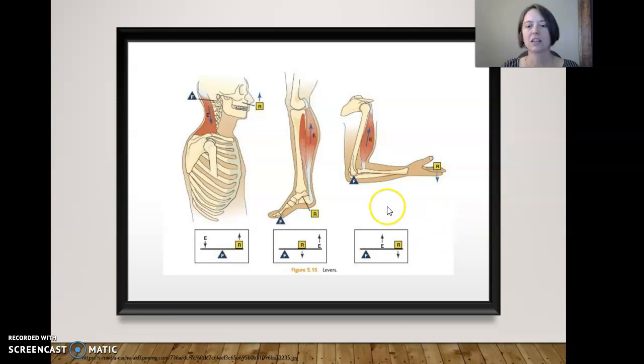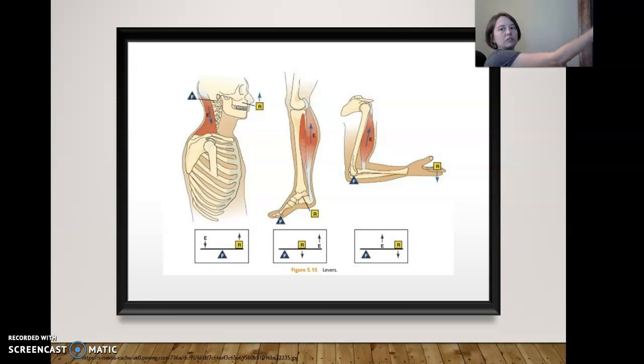All right, then a third class lever, where the effort is in the middle. The fulcrum, the joint, is on one end like it was here, but the weight of the bone is at the end, and the muscle, the effort, is in the middle. So when you lift your arm up, it's hard for you to see that, I'll just extend it even though they are starting from not straight out.